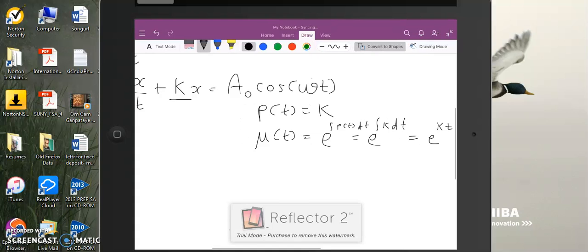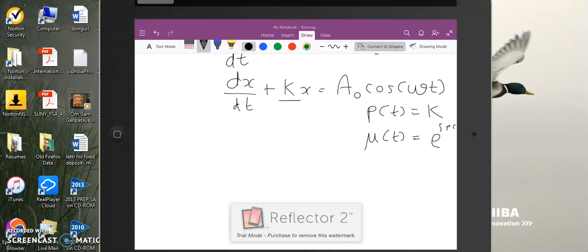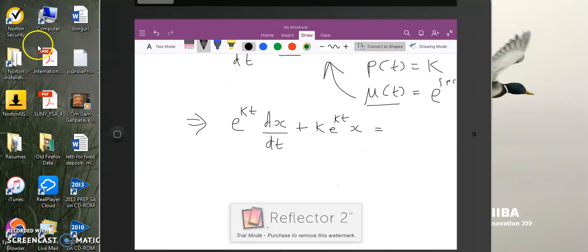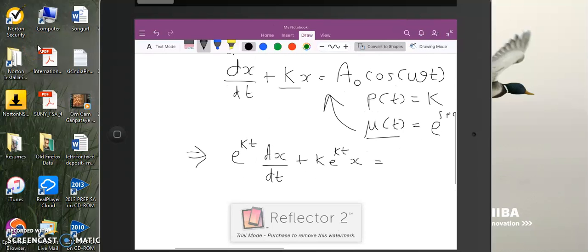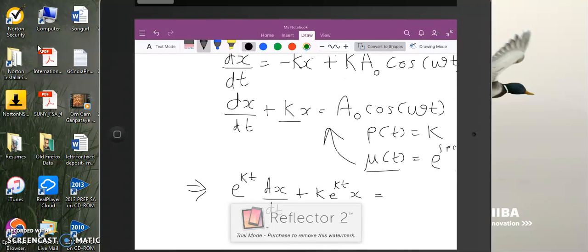Multiplying the mu of t term to this equation, we have e to the kt dx dt plus k e to the kt x equals, oh, I apologize, I just realized that I had not multiplied the k in over here, so this is k a naught cosine of omega t.